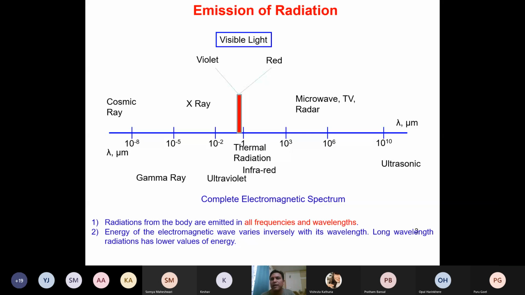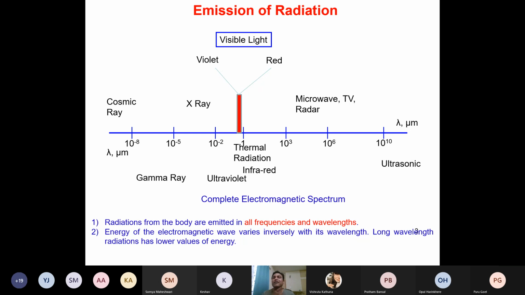For example, the sun appears bright to us because even though the sun is emitting radiation in all wavelengths from 0 to infinity, predominantly the wavelength is in the visible range, between 0.4 and 0.7 micrometers. Most of the radiation emitted from the sun is present in this particular region, and therefore the sun appears bright to us.